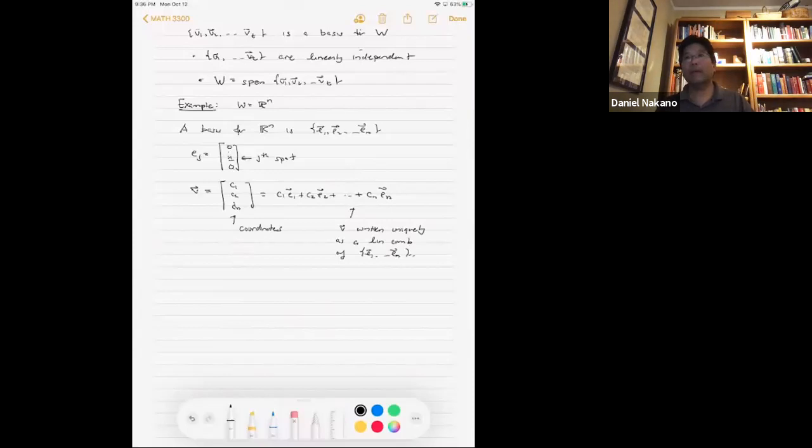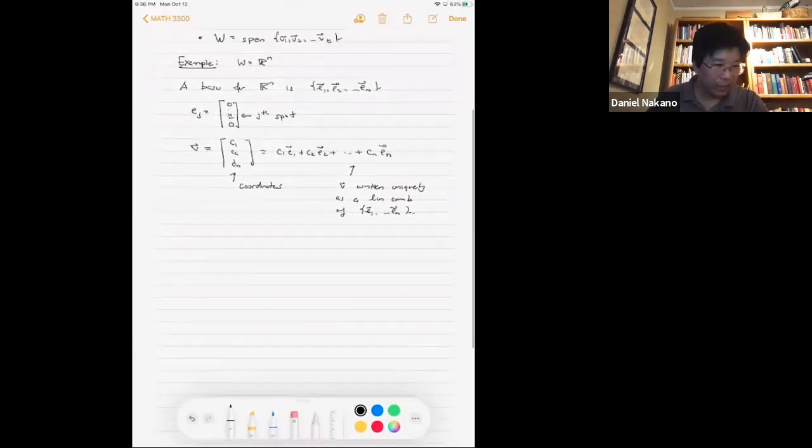Okay? So what I'd like to do is extrapolate, or generalize, this example. If I take a basis for R^n, or just a basis for any subspace of R^n, then I could write a vector in terms of its coordinates.